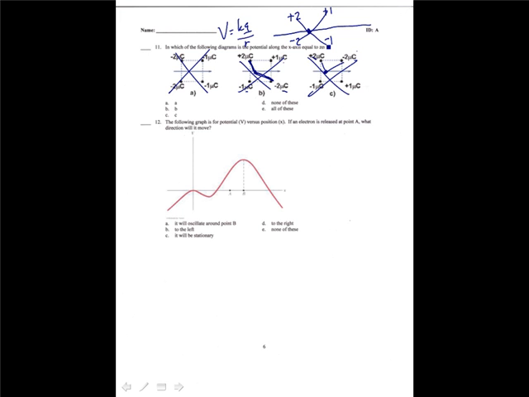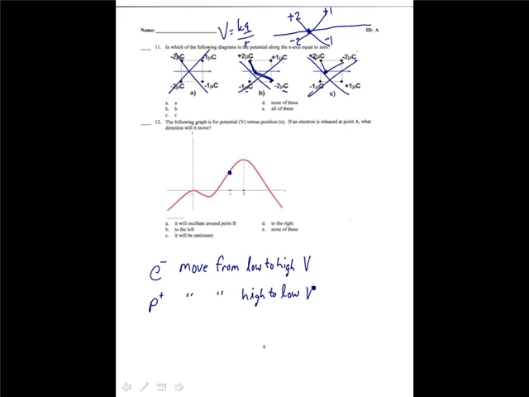Okay, the following graph is for potential versus position. If an electron is released at point A, what direction will it move? Well, I gave a couple of rules in class, and that is that electrons move from low to high potential, and protons move from high to low potential.